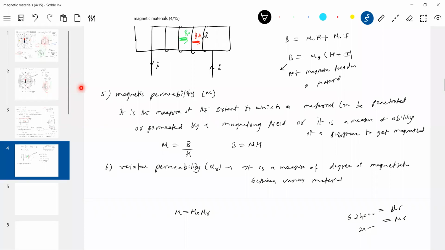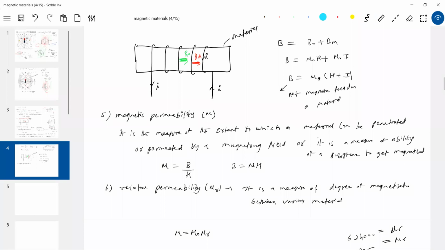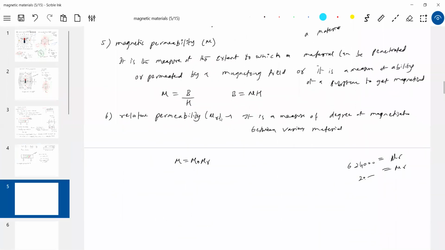Now let's come back. I told you there are some materials where the induced magnetic field will be opposite to B naught, and some where it will be in the direction of B naught. To indicate the sign of Bm also, we need one quantity. For that purpose, I'll bring the last one, called susceptibility, with the symbol chi.